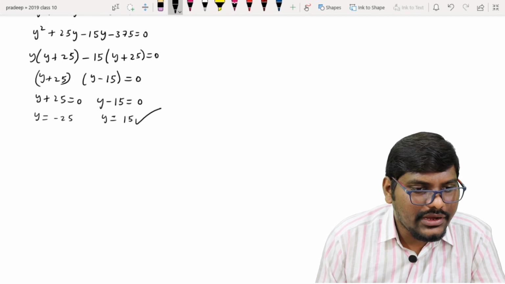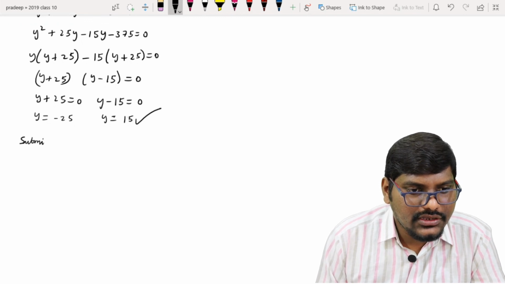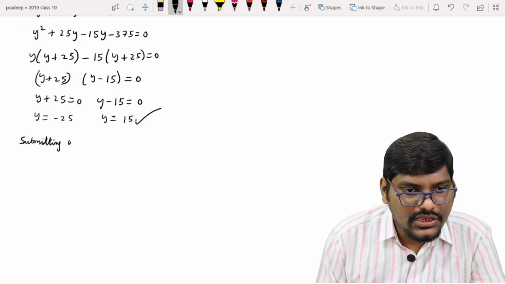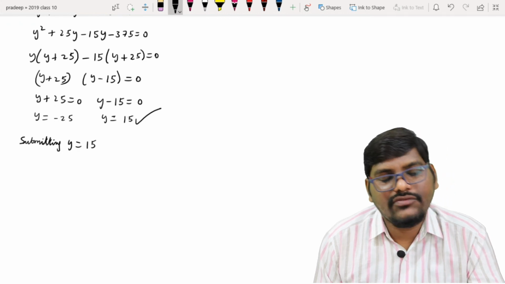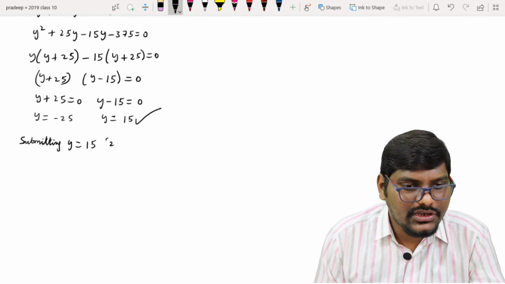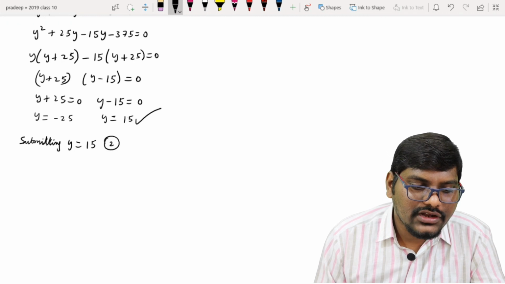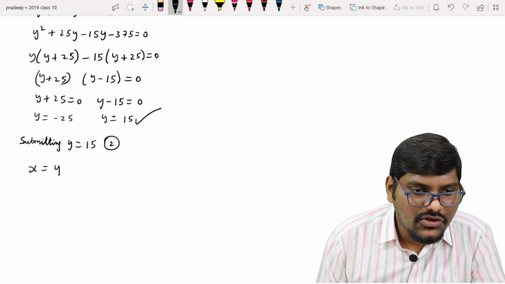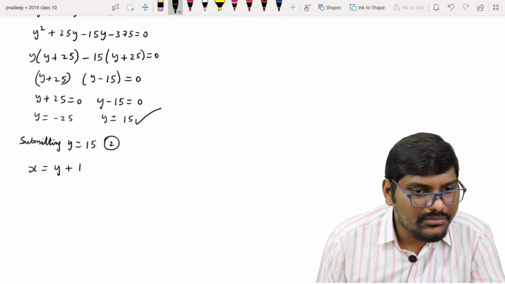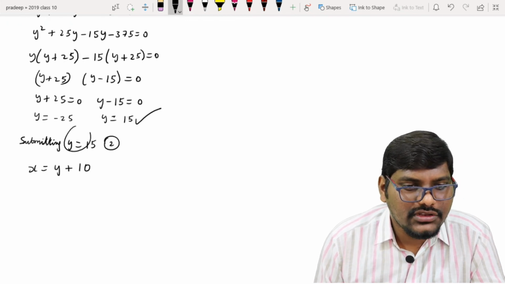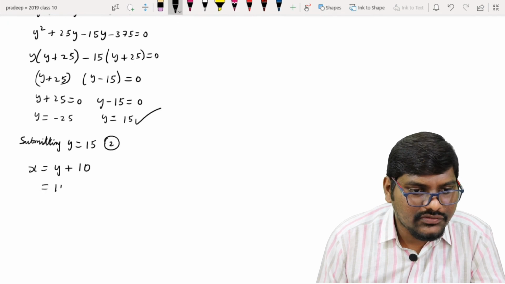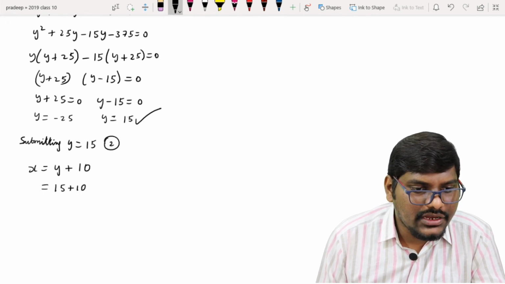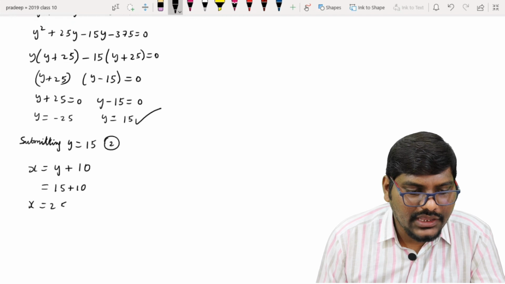Alright, so I'll be substituting y equal to 15. We can substitute in either equation 1 or 2, so I'm substituting in equation 2. So what is our second equation? The second equation is nothing but x equal to y plus 10. So in the place of y I can substitute 15, so this is 15 plus 10, so we'll be getting x value as 25.